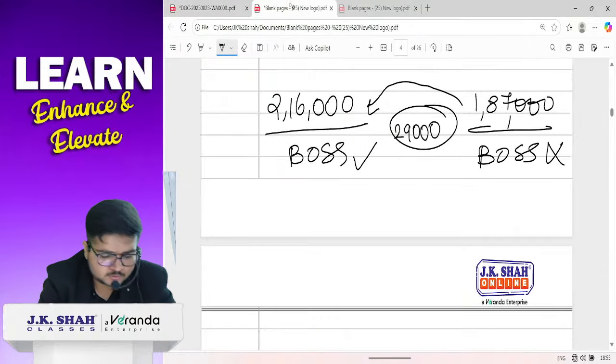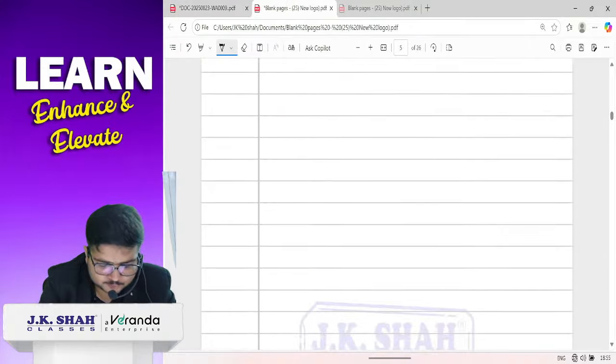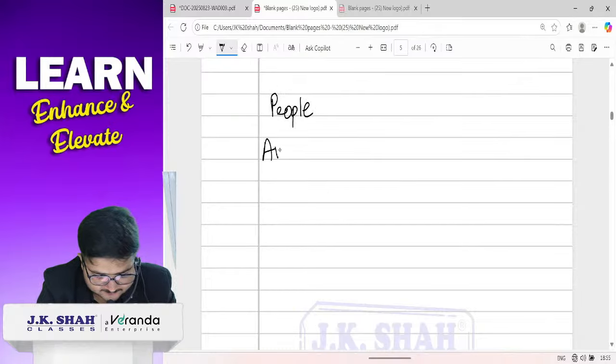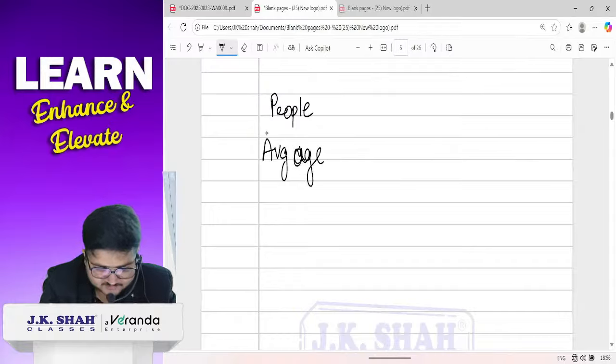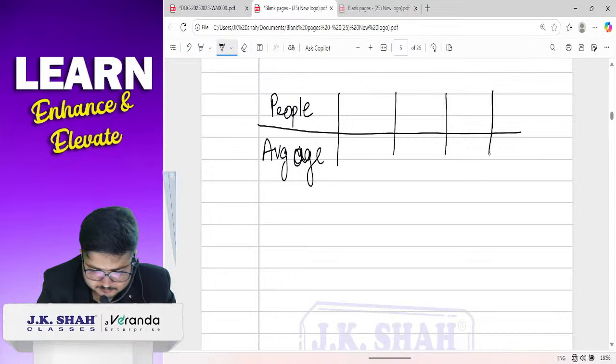Let us do this sum. They have told you the number of people and the average age. I am very sorry for my bad handwriting, but you have to bear with it. There are 5 people whose average age is 42.